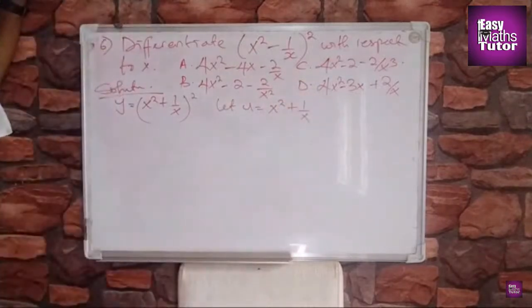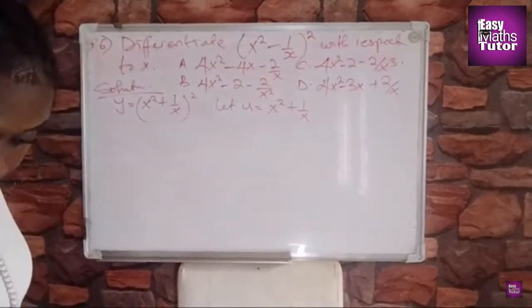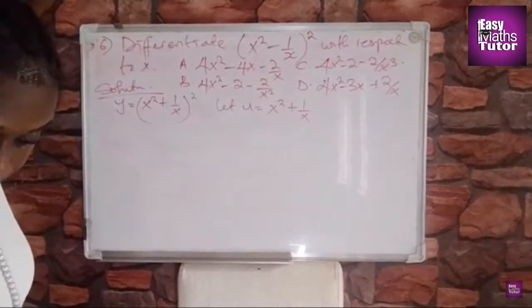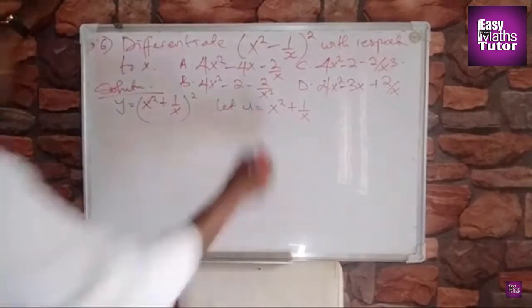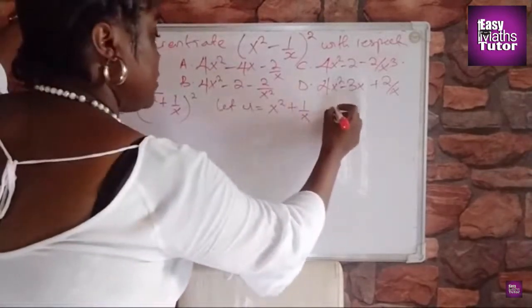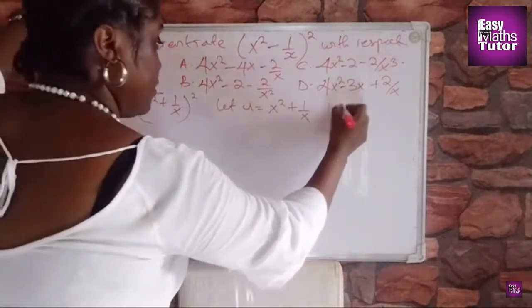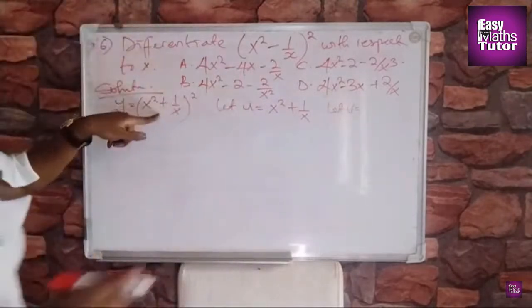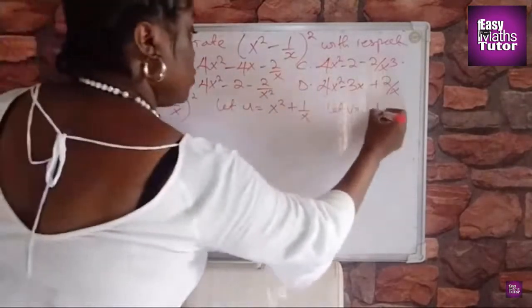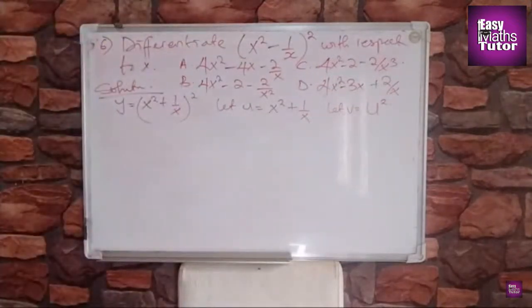All right? Then we'll also say, let v be equal to what? To substitute u here, we have what? u squared. Okay? We'll have u squared.